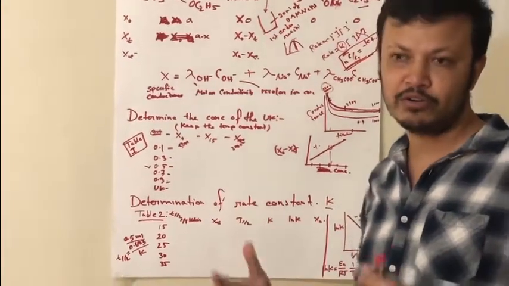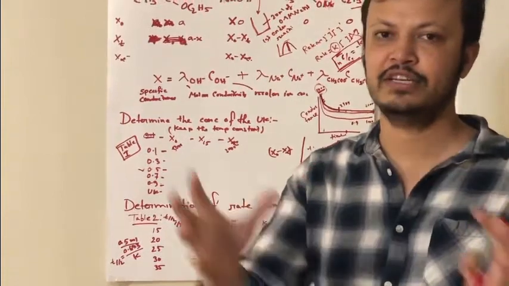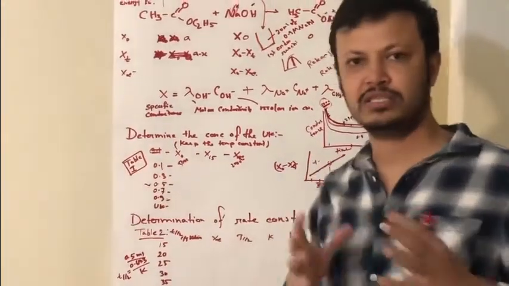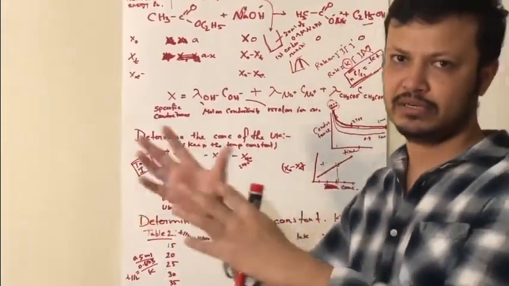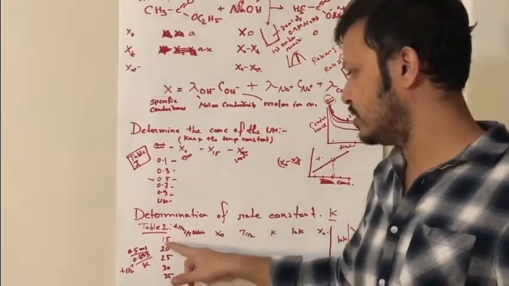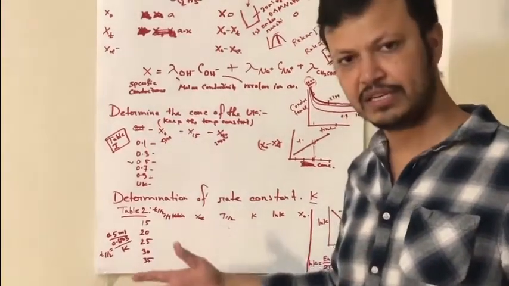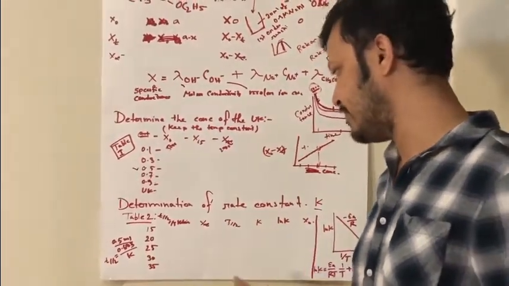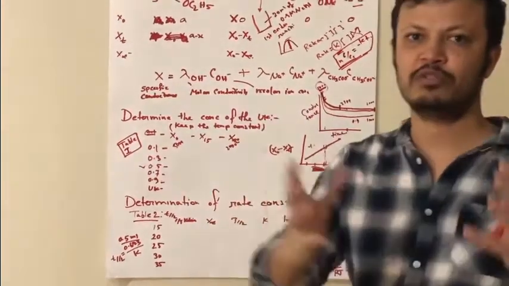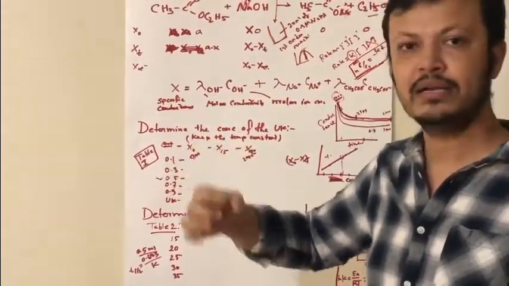Normally we give you different batches at constant temperature. One maybe a water bath at 15 degrees, another at 20 degrees, 25 degrees, 30 degrees, 35 degrees. Different water baths will be there, and you have to put your sample inside in a test tube.